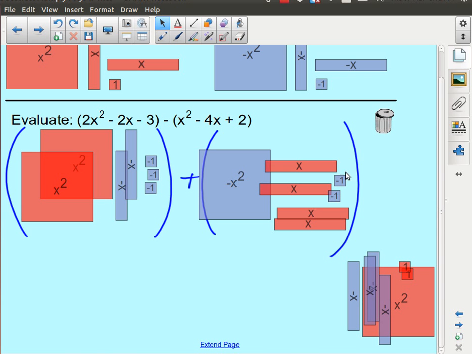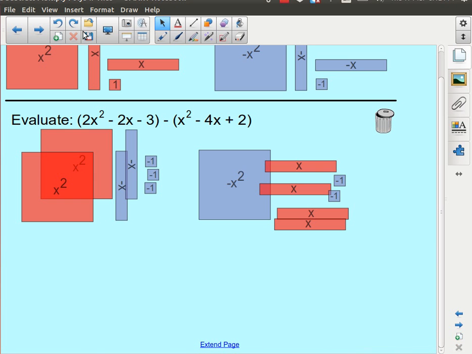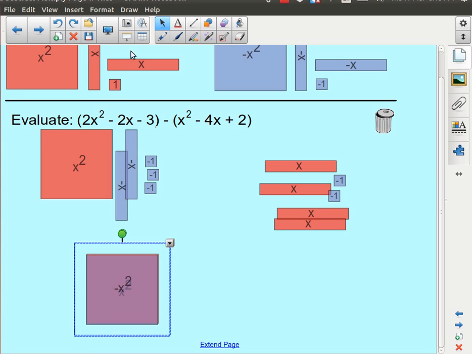And once I've done that, now I don't need the brackets anymore. Now I can just combine them because I'm just doing addition. So a bit of cleanup. And now I combine these things. Well, a positive x squared and a negative x squared, these two things are going to cancel.